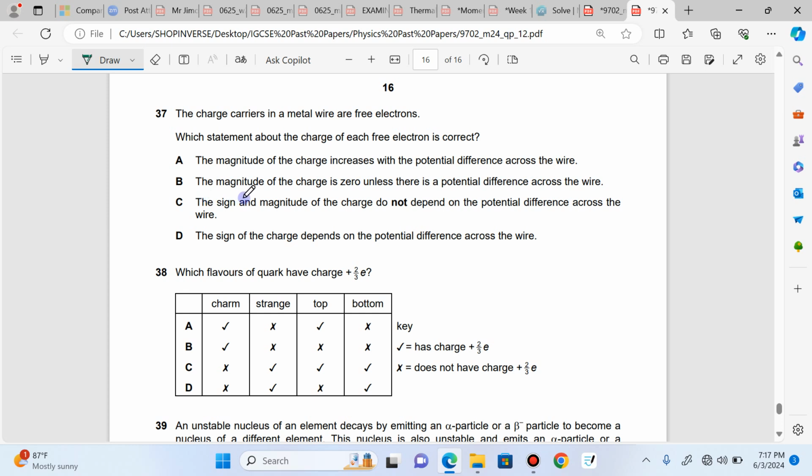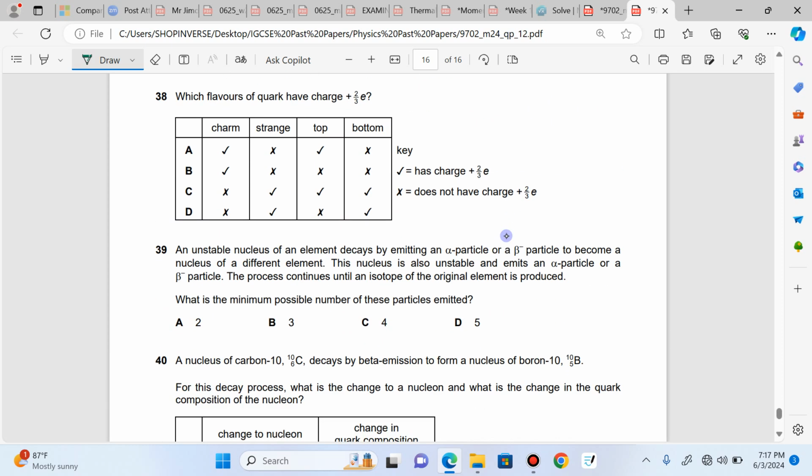The sign and the magnitude of the charge do not depend on the potential difference across the wire. The charge will always be negative. Electrons are negatively charged, and the charges will always be there because metals have metallic bonding. That's one thing about the crystal lattice. The sign of the charge depends on potential difference? Of course not. The charge will always be there. So that's C.